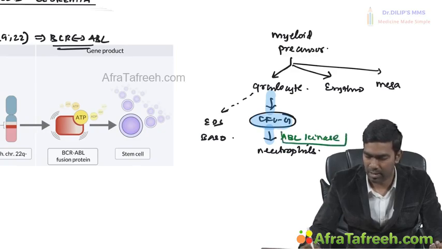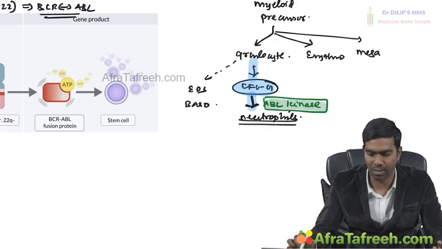This ABL kinase activity is very important for the successful movement of this colony forming unit granulocyte to differentiate into neutrophils, and maybe the precursors of the neutrophils also, for which your ABL kinase is very, very important.